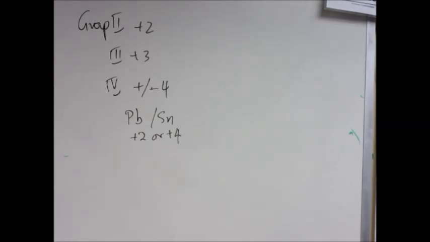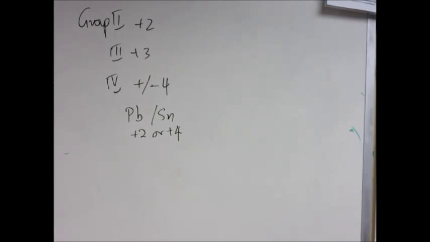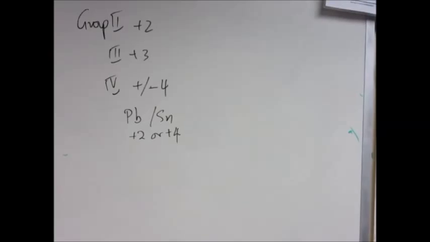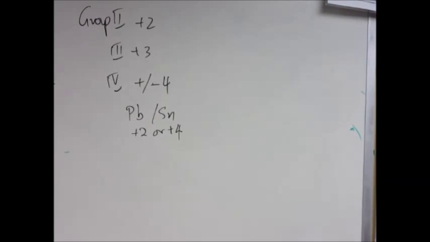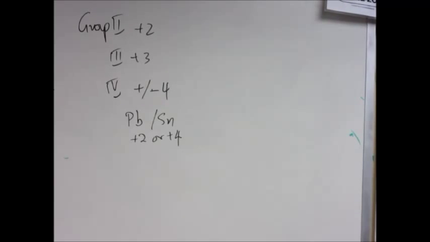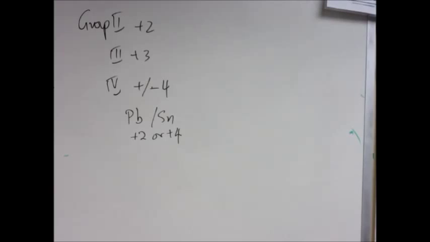Lead and tin are capable of giving either 2 electrons or 4 electrons. So depending on what they are combining with, you can have both of those kinds of compounds, which leads to a little complications in naming, but we'll deal with that, because you can have various combinations.